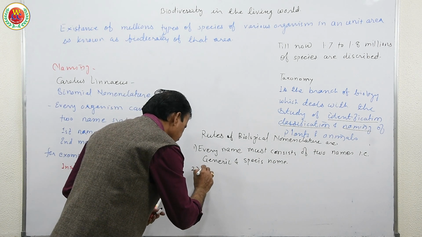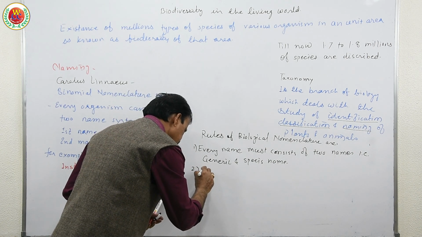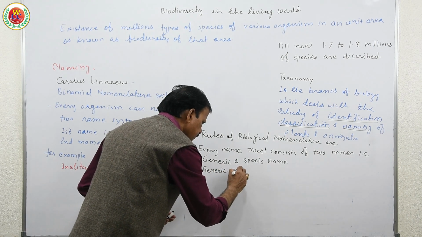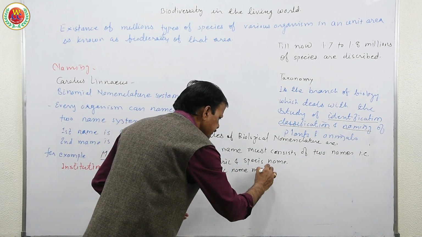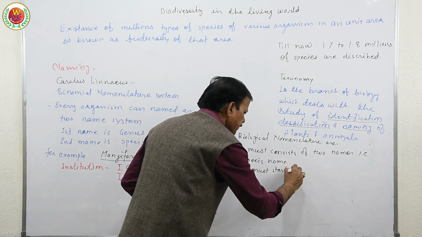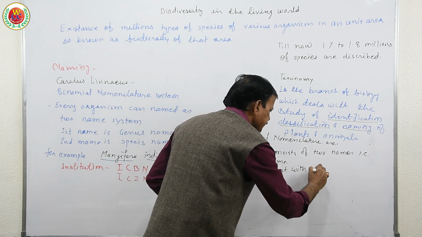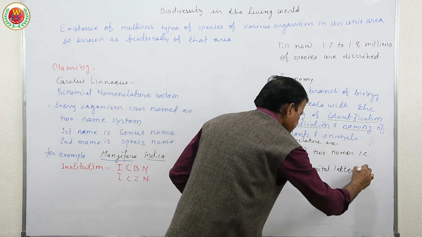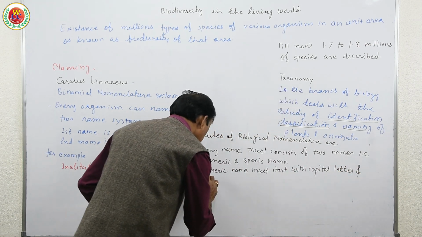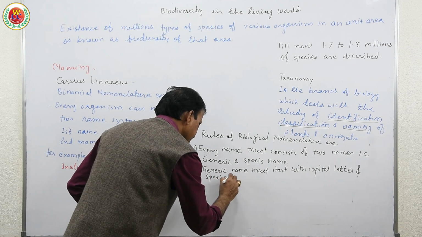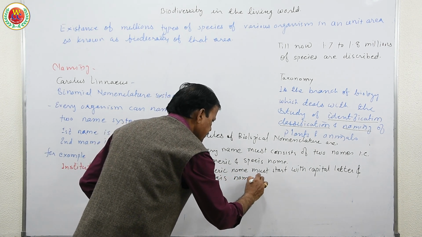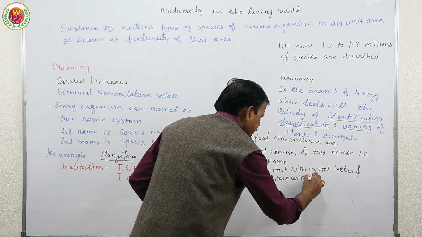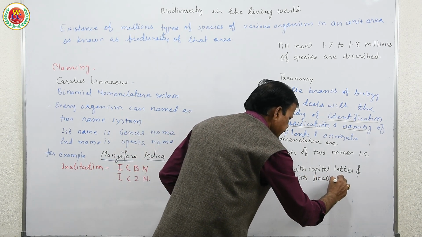Second rule, the generic name or genus name must start with a capital letter, and the species name must start with a small letter.